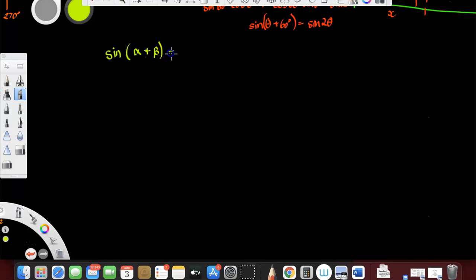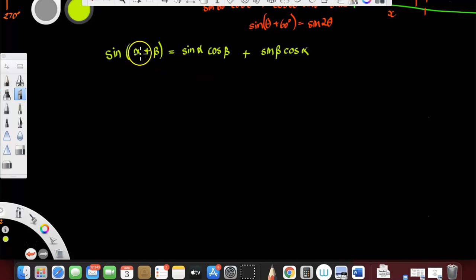So for sine, I always say sine is same sign, different ratio. So if this is a plus, it will be a plus. Different ratio means the trig ratio. So it would be sine alpha cos beta plus, and then this one just needs to swap, sine beta cos alpha.